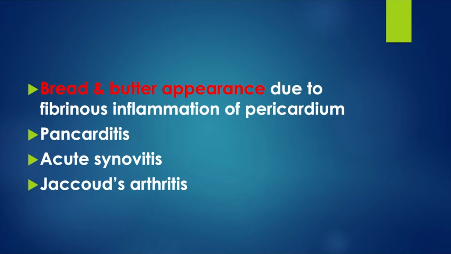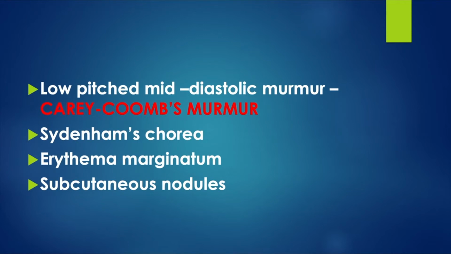Then pancarditis, acute synovitis, Jaccoud's arthritis. Low pitch mid diastolic murmur, Carey-Coombs murmur. Sydenham's chorea, erythema marginatum, and subcutaneous nodules are clinical features of rheumatic fever.